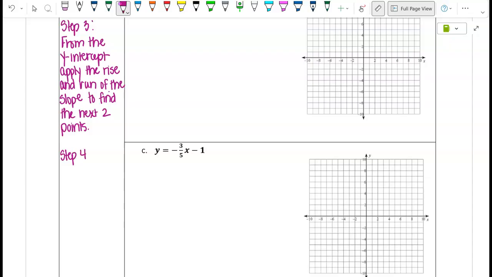Step 4, connect all points with a straight line.